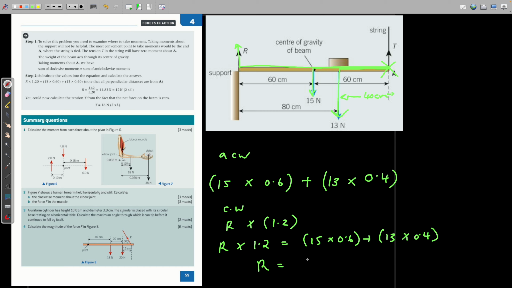So the reaction force is 15 times 0.6 plus 13 times 0.4, divided by 1.2. If you put that in the calculator, careful of the brackets, you will get 12 newtons. So quite a typical question. You've got two unknowns, the tension and the reaction force, so if you want to get rid of one of the unknowns, take the pivot at that point.